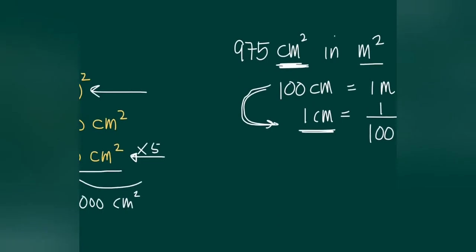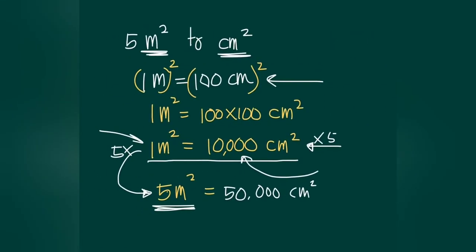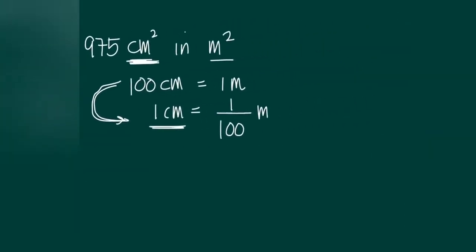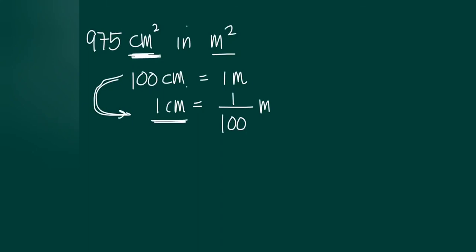If you take a look at how we answered the first one, we started with 1 m, which is equal to 100 cm, because we're converting from meters to centimeters. So 1 m is being produced. But in this case, since we're starting from cm, we have to produce the 1 cm. Once you know this, you can do the same thing. We want a square, so we square both sides.